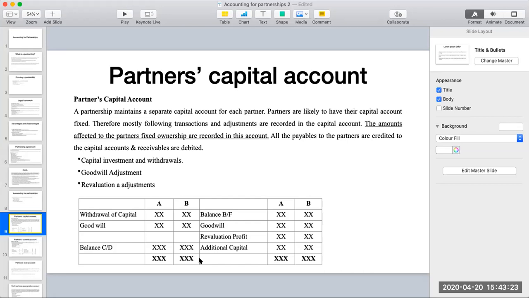Now, what is the double entry if it is a normal business and revaluation is done? Capital reserve account is credited and the particular asset is debited. So here also the asset is debited and credited, not to the reserve account, but to the partners' capital account. So you can see the transactions that are coming to the partners' capital account.